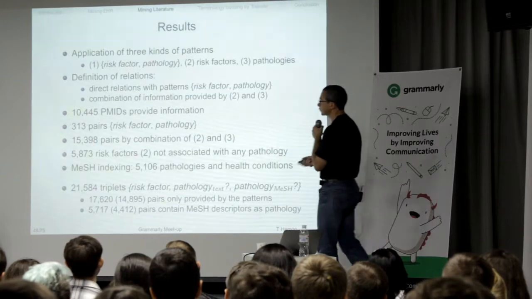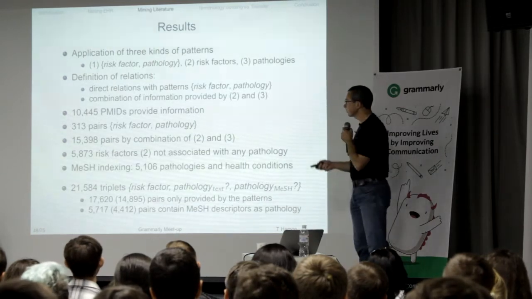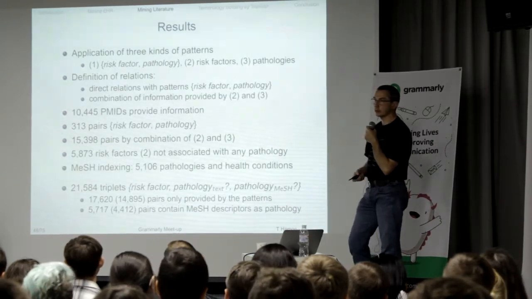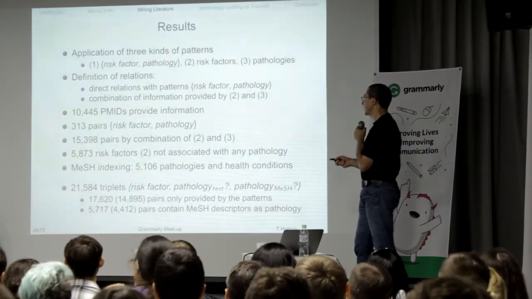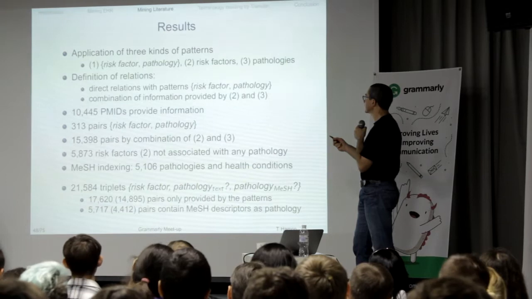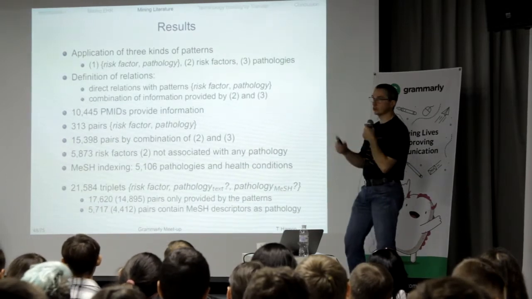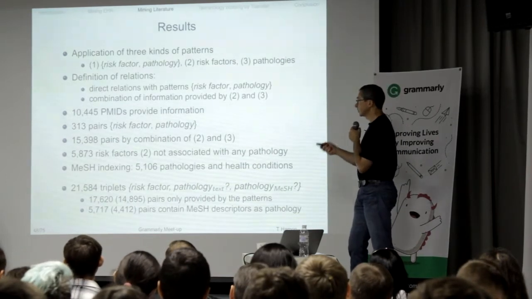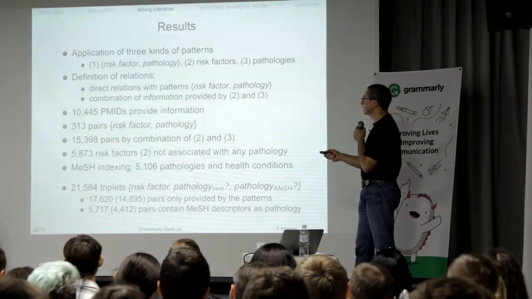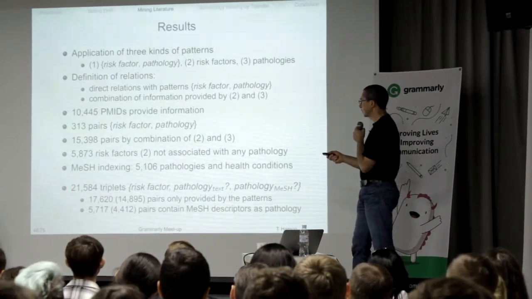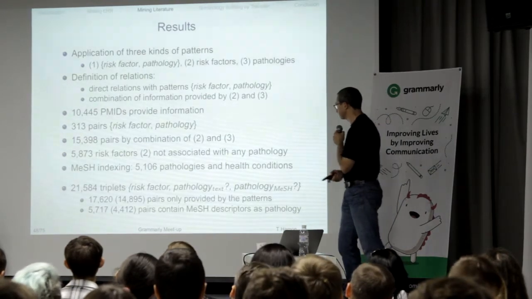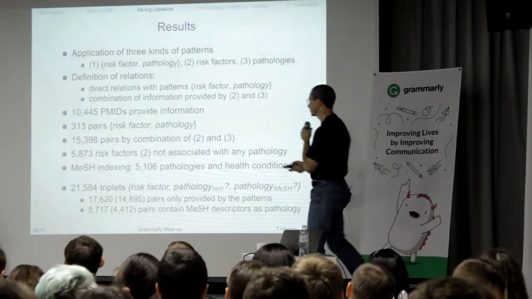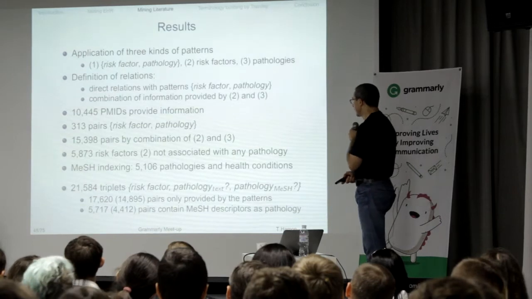So only 10,000 abstracts provide such information. We find only 300 risk factor-pathology pairs, and by combining risk factors and pathologies which occur in the same abstract or in the same sentence, we extract more pairs, 15,000 pairs.